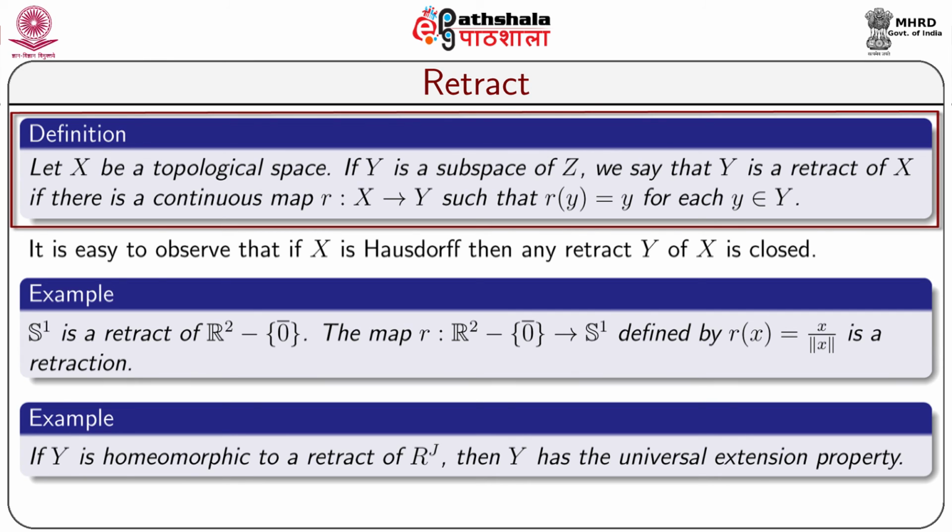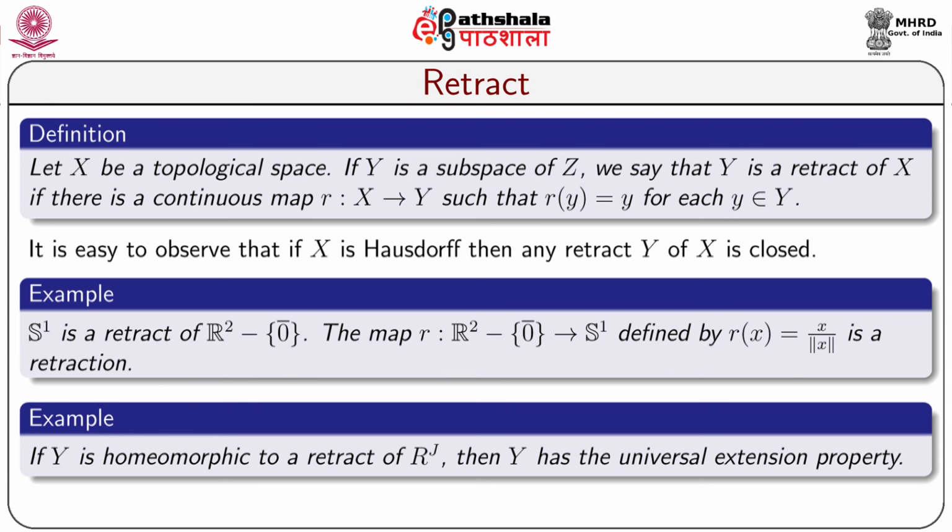If Y is a subspace of X, we say that Y is a retract of X if there exists a continuous function r from X to Y such that r is the identity map on Y, that is r(y) is equal to y for all y belonging to Y. It is easy to observe that if X is a Hausdorff space, then any retract of X is closed.